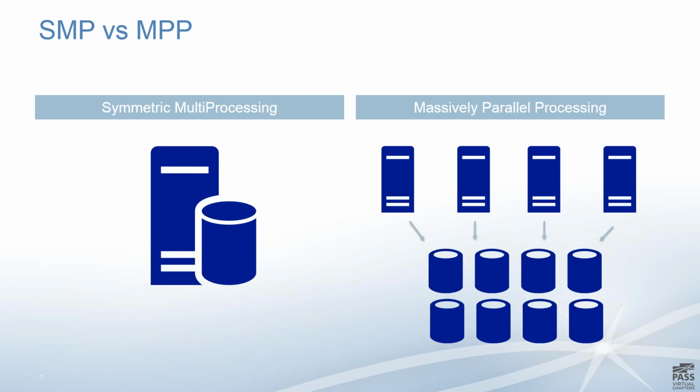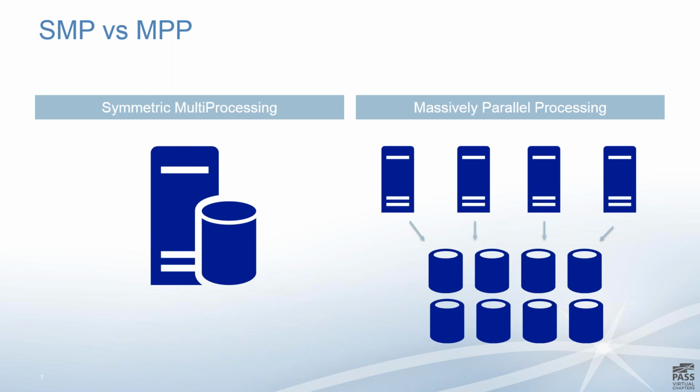So real quick again, SMP versus MPP. SMP is what most of us are used to on premises. A symmetric multiprocessing system is just one machine. We set it up with a certain amount of cores, a certain amount of memory, and a certain amount of storage, and we install SQL Server there, and it runs. So that's the usual vanilla, let's say, SQL Server installation.